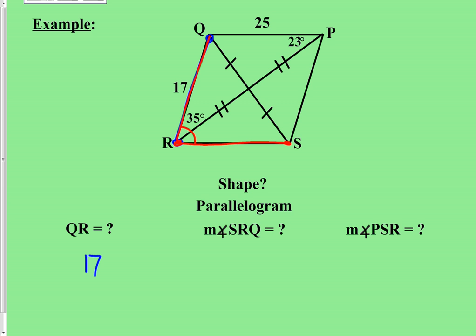Well, one of the things that we know about a parallelogram is that the opposite angles are congruent. So whatever is going on with angle SRQ right there should be the same thing going on with angle QPS over there. Okay, so we have 35 degrees on our angle that we do know. And at the other angle, we have 23 degrees that we do know.